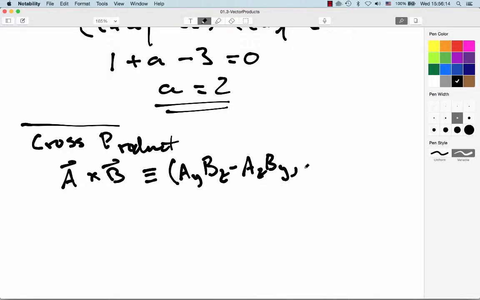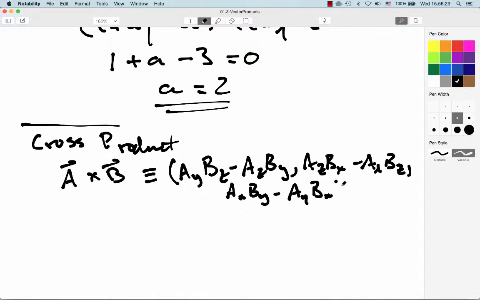Similarly, the y component is AzBx minus AxBz, and the z component is AxBy minus AyBx.